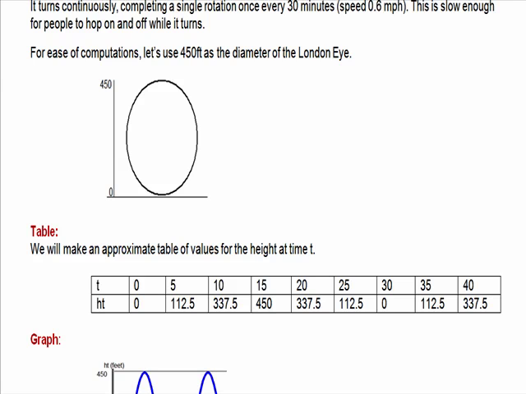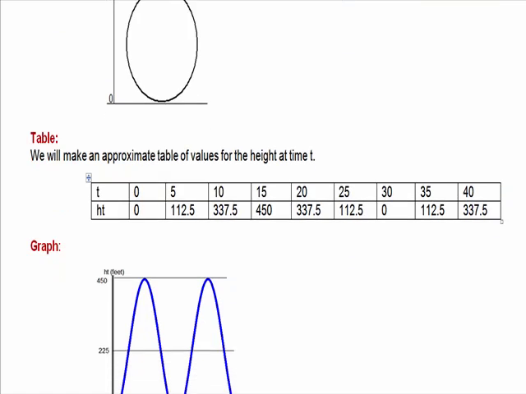At 30 minutes, we'd be back where we started, so at 30 we have a height of 0. Halfway in between 0 and 30 is 15, and that's when we would be at the top. And then I divided things equally in between that.